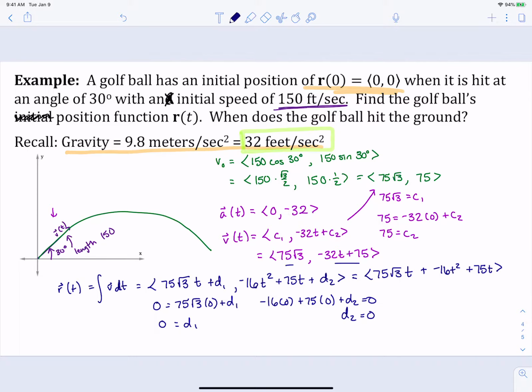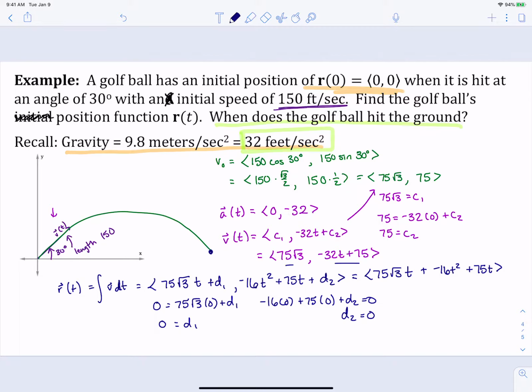Okay, I didn't leave myself enough room on here to answer our question: when does the golf ball hit the ground? So we're going to have to take our position function and skip to the end, where we've got a blank page. When it hits the ground, that's somewhere over here. If you think about what's happening with the components, the x component is just going to keep getting bigger and further out as long as we go.